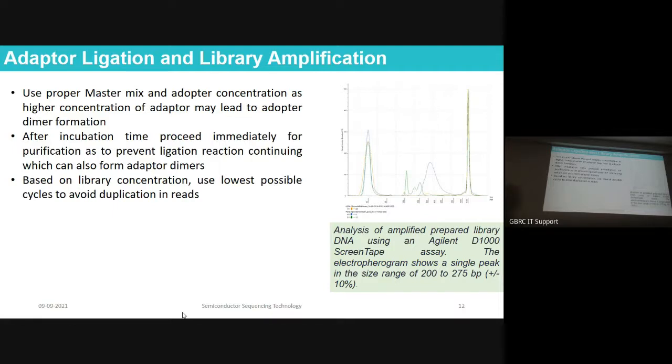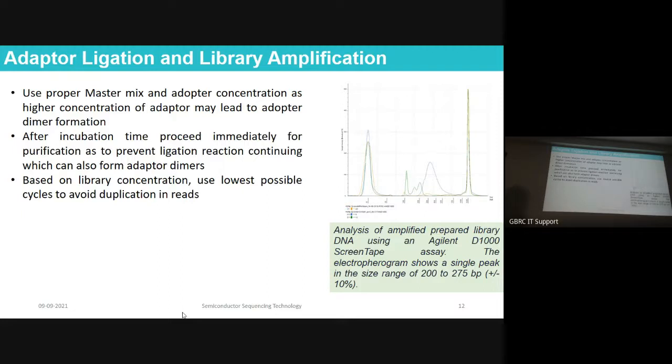So here again, if you are looking at a library size, once you have your library prepared and amplified, you do the quality control of the library. And for that also there are different steps involved. So this is again on an Agilent ScreenTape assay.